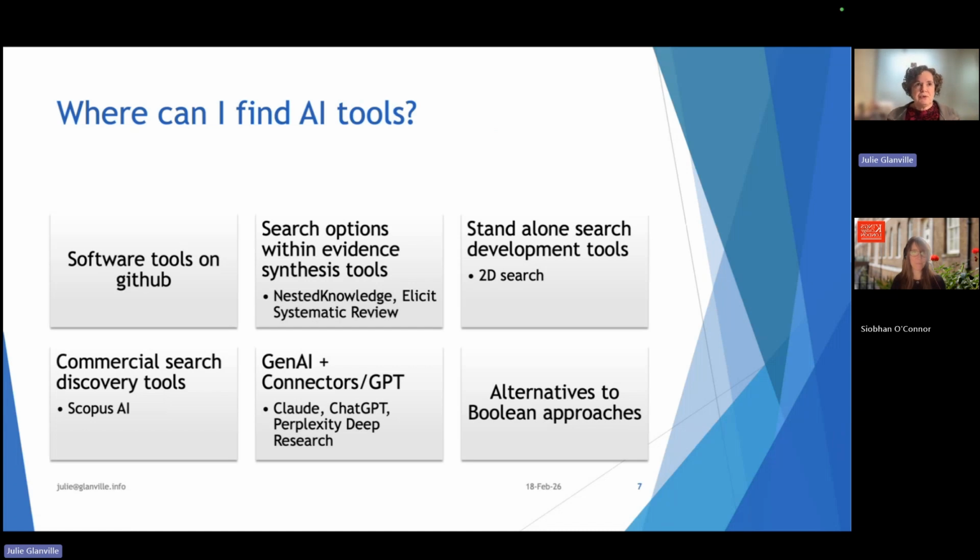So getting the tools to develop search strategies for us and to run searches in databases for us. And then in parallel with that, there are many explorations of how we can do research identification without using the Boolean approaches, or by using a combination of Boolean approaches, database searching, and other techniques. So those are the things I'm going to look at in those 6 broad groups.